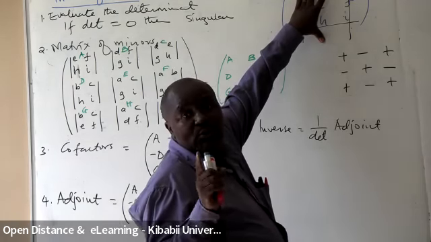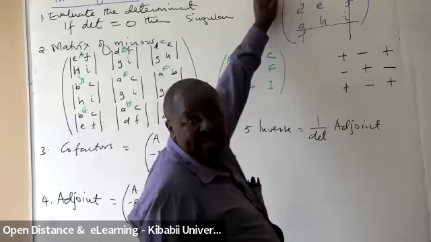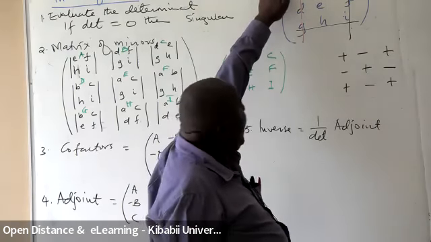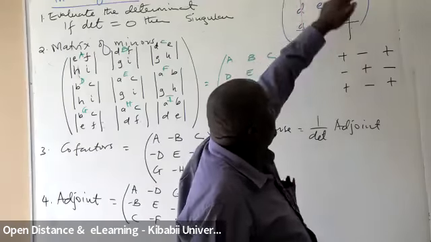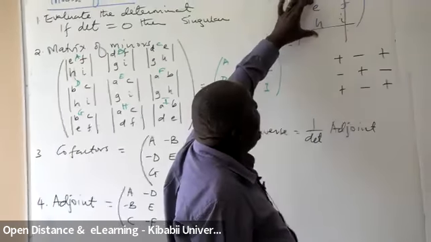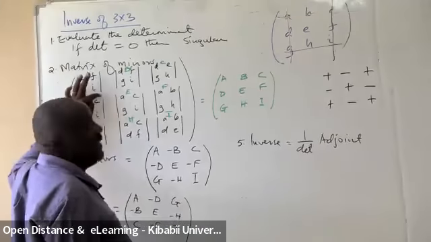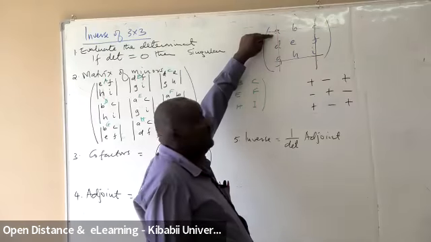What is this reduced 2 by 2? We delete the relevant row and column where that element lies. If I'm looking at the first element A in row 1, column 1, and I delete row 1, column 1, I'm left with EF, HI. So the determinant of EF, HI will replace A.